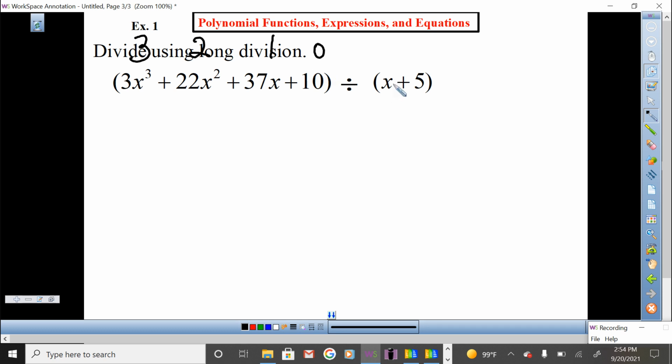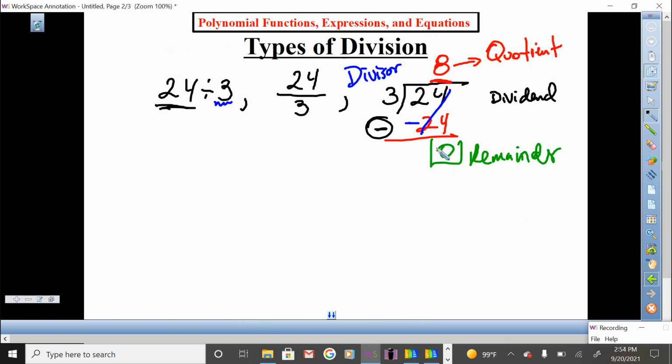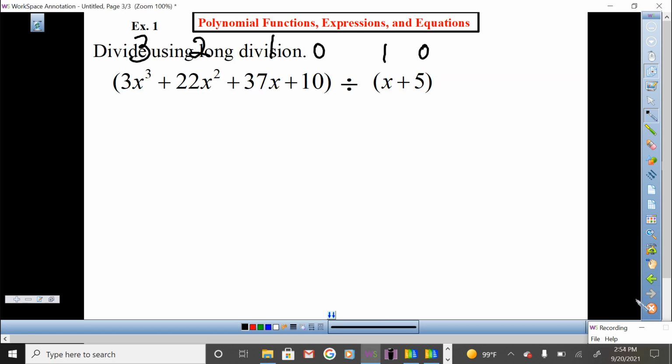Okay, let's look at this one. First degree, 0 degree, standard form, yes. Anything missing? No. Okay, so notice here's a division sign. That means this is my dividend, and this is my divisor. Clear to see? Oh yeah, Mr. Q, I can totally see this here, and now I can see it there.